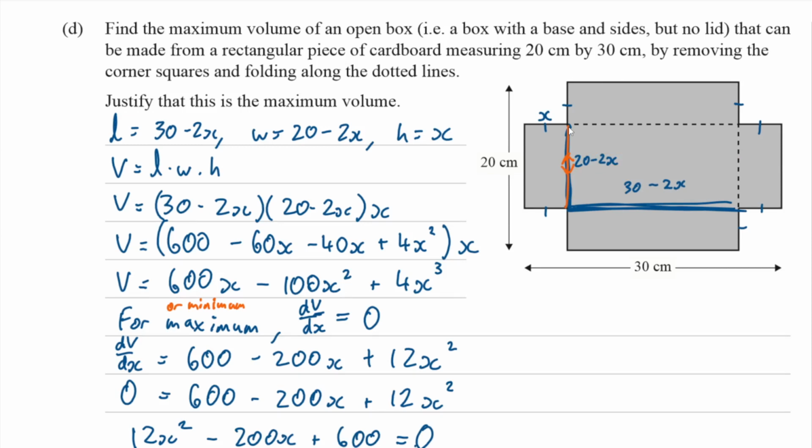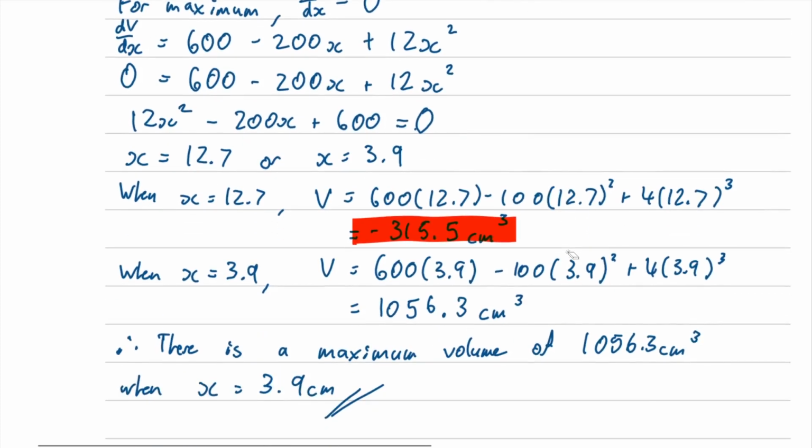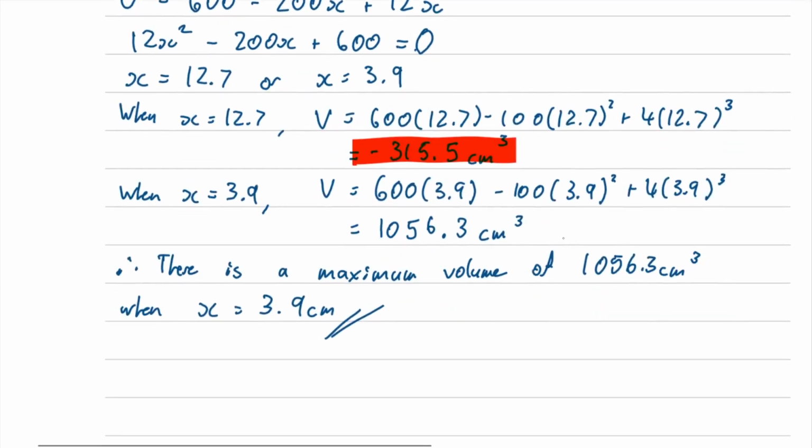So the negative doesn't really make sense because we're cutting paper. However, you could form a box of that shape, which is why we got a negative volume. But when we substituted in 3.9, we got a positive volume, and it was much greater anyway, which indicates that the maximum volume was at 3.9 centimeters.